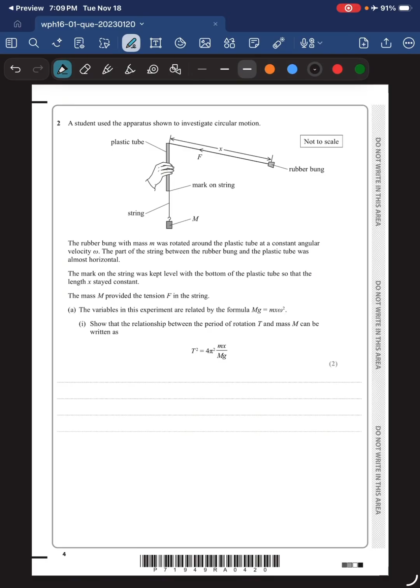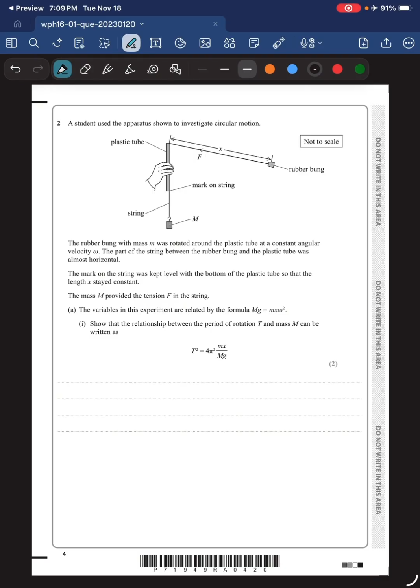The mark on the string was kept level with the bottom of the plastic tube so that the length x stayed constant. The mass capital M provided the tension F in the string. The variables in this experiment are related by the formula mg equals mx omega squared. Show that the relationship between the period of rotation t and mass m can be written as that one.